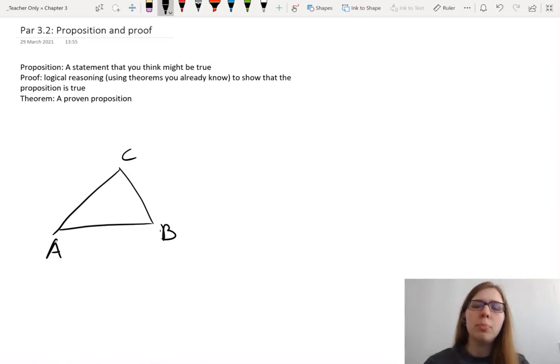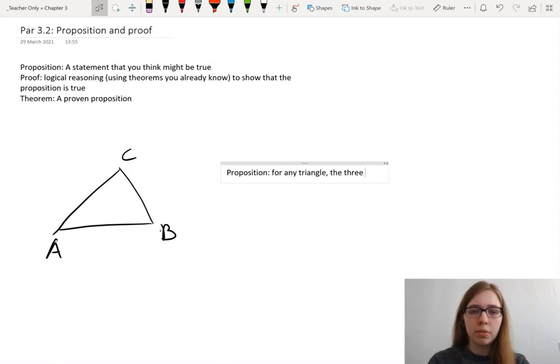But we've tried a couple of triangles, we measured them, and each time they do seem to add up to 180. So my proposition: for any triangle, the three angles add up to 180 degrees. That's my proposition. I've tried a couple of triangles, it seems true.